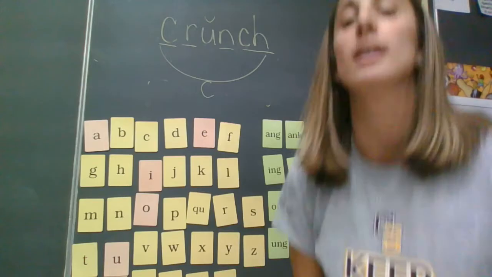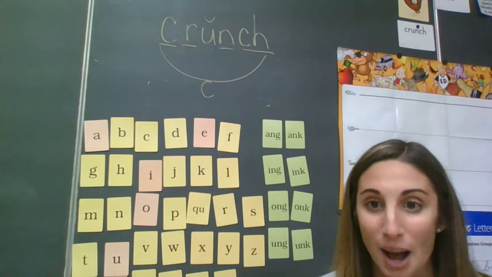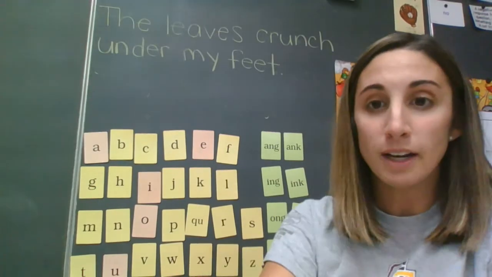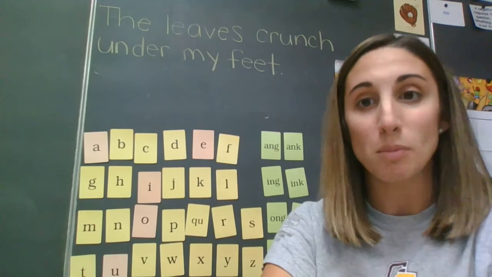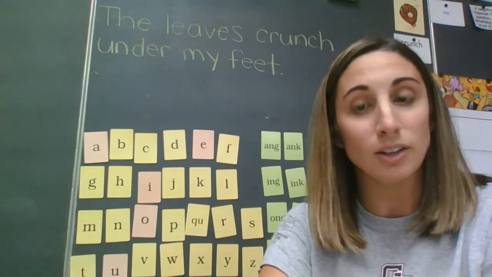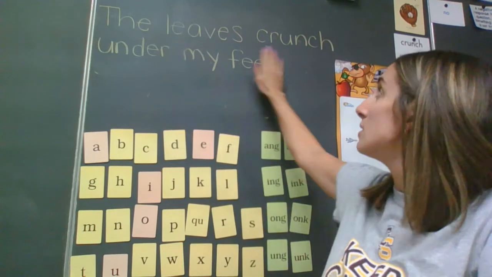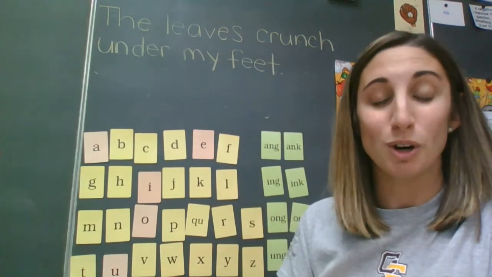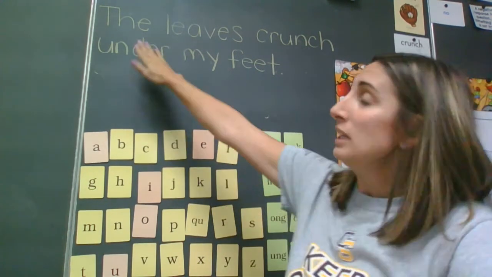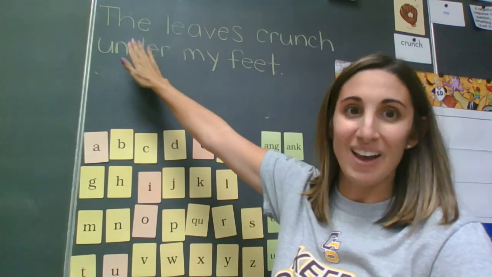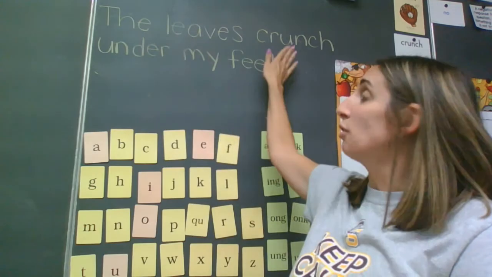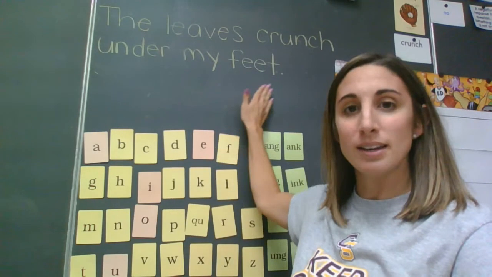Go ahead and do that on page 60 at the top. When you're done writing our word of the day, crunch, and marking it on page 60 in your notebook, we're going to go below to the next line and write our sentence using our word of the day. Read the sentence with me, please. Go ahead. The leaves crunch under my feet. Period.